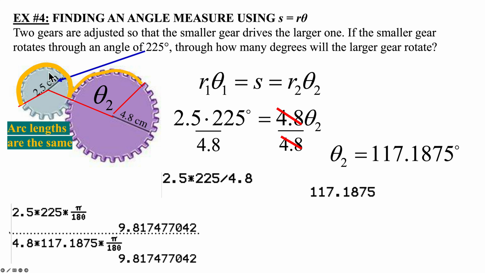You will want to find the theta of the small arc and then take that exact same theta and multiply it by the radius of the big bike tire. And that will tell you how far you travel or how long the tire's been on the ground or however they ask the question. But that one is not setting one gear equal to another gear in terms of arc length.